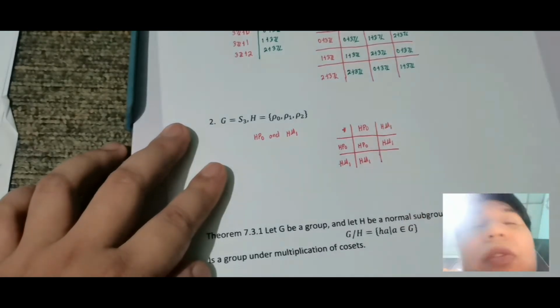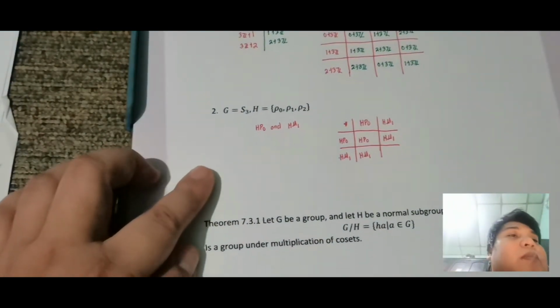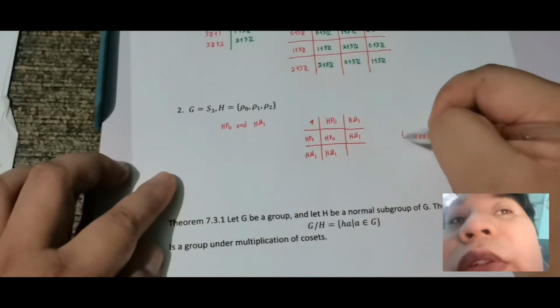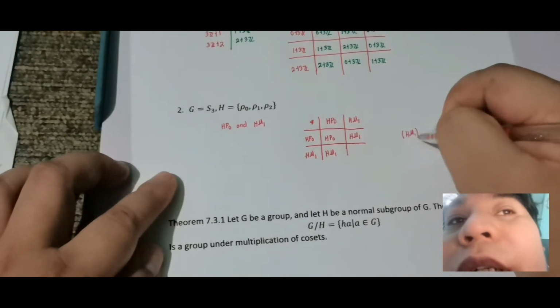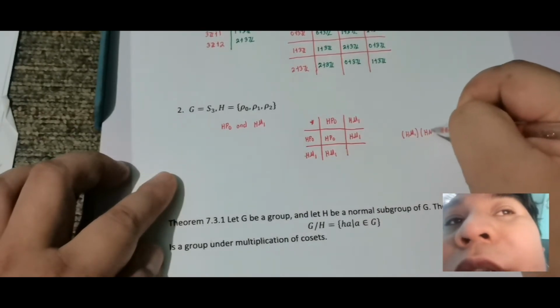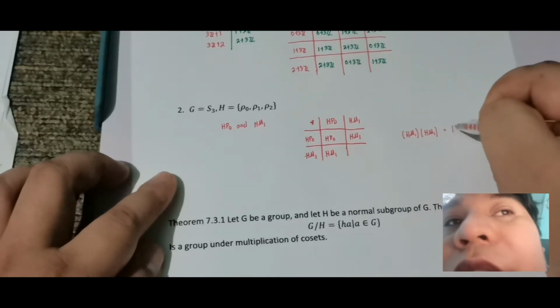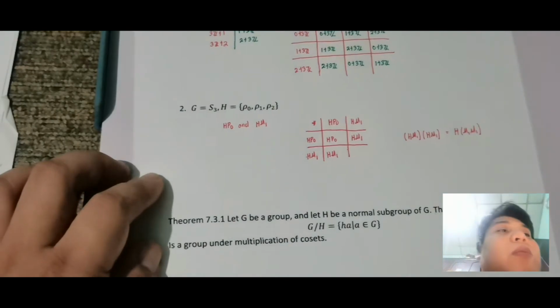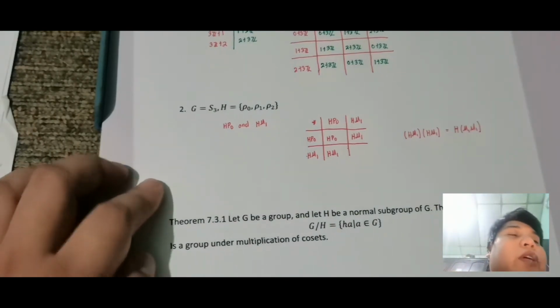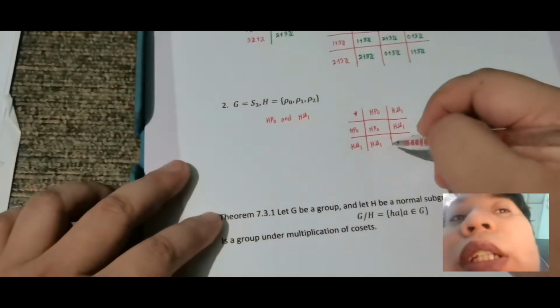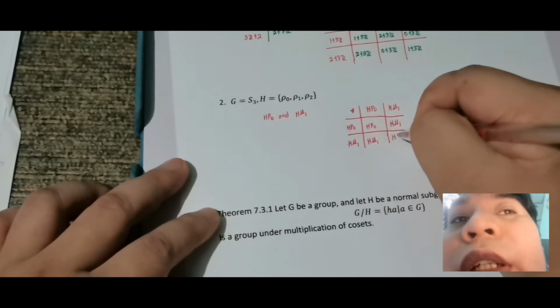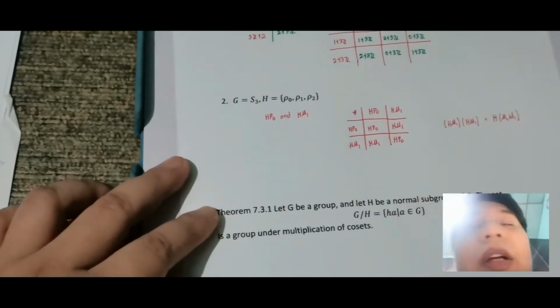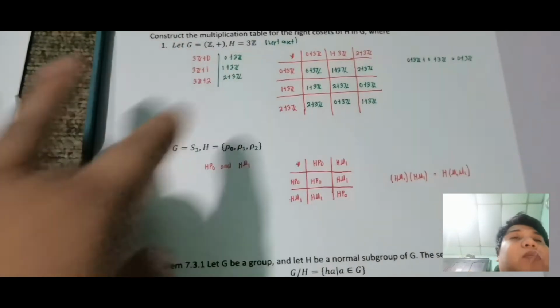So obviously mu 1 asterisk mu 1. So pag kinumpit natin siya, H mu 1 asterisk H mu 1. So by definition ng coset, this is H mu 1 mu 1. And we all know that mu 1 square is identity element or the rho 0. Okay, so this is just rho 0. So H rho 0.